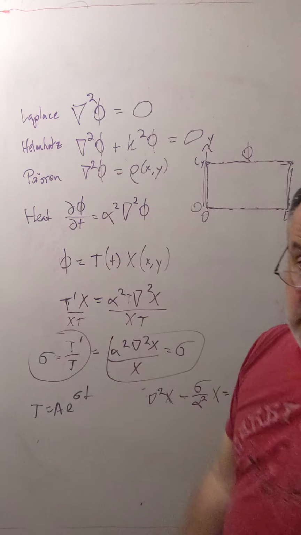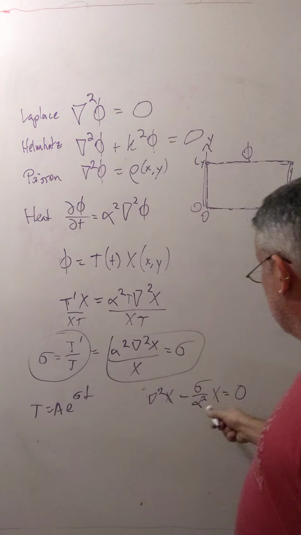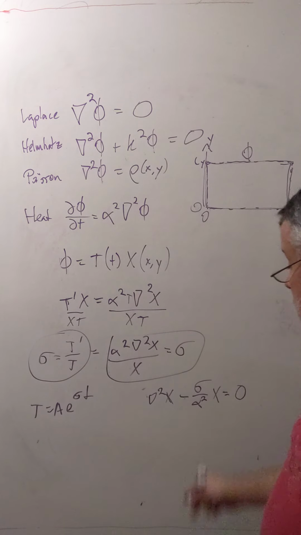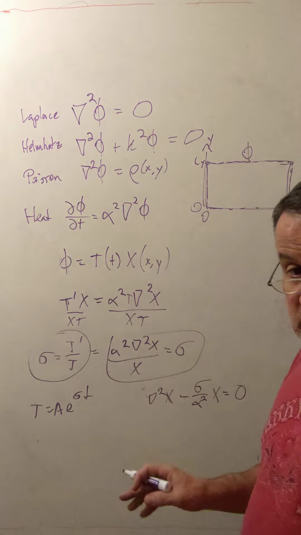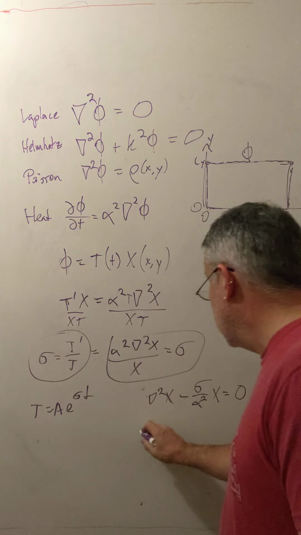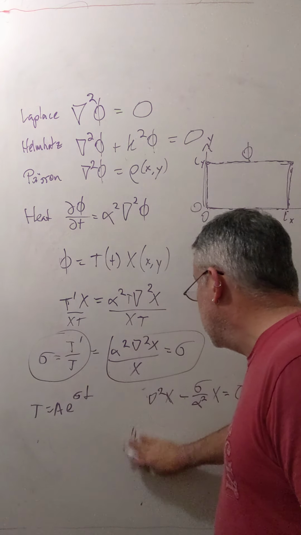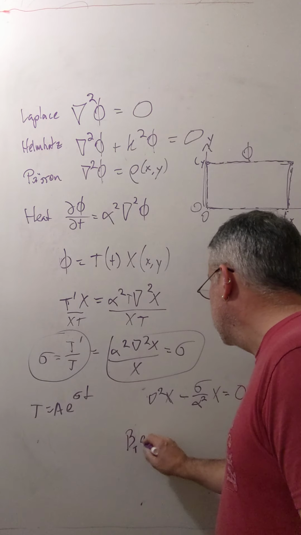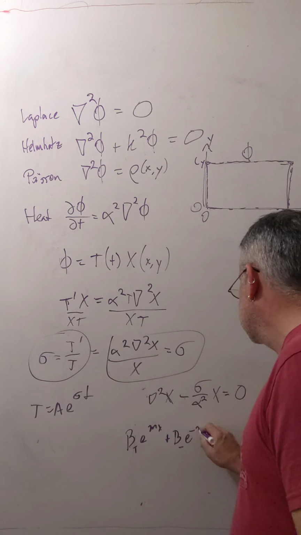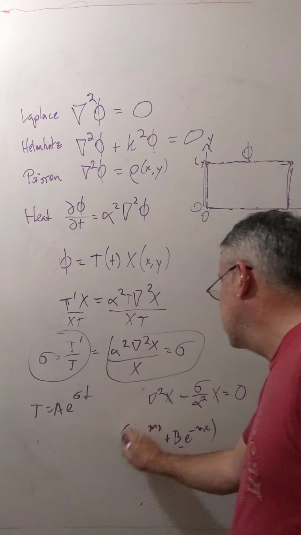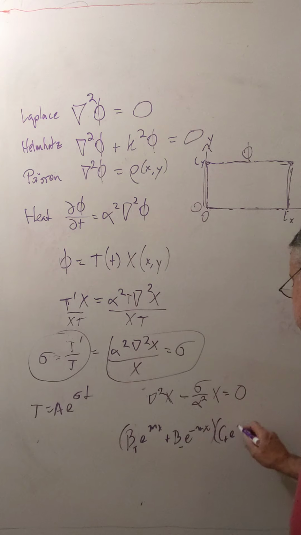Look, hey, that's the Helmholtz equation, except in the place of k squared, we've got sigma over alpha squared playing a role. So we know we're going to get exponentials here for the x dependence and the y dependence of X. So we'd expect to see something like, let's use different coefficients, (b plus e to the mx, plus b minus e to the minus mx) times (c plus e to the ny, plus c minus e to the minus ny).